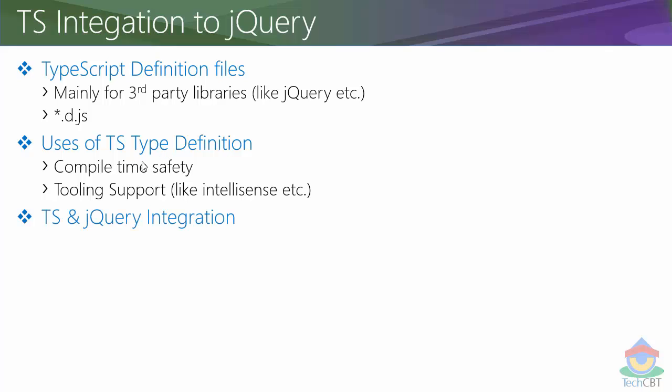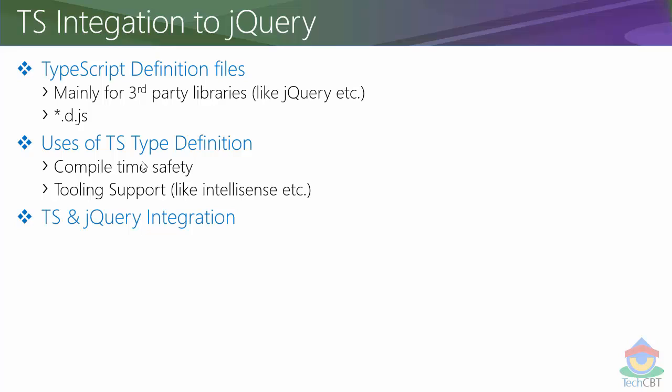So how do we integrate TypeScript and jQuery? As you know, jQuery is a third-party library and TypeScript doesn't even know what jQuery is. Those are two totally independent libraries which would not know about each other. Even though we are focusing here on jQuery, it doesn't mean just jQuery. Any third-party library, including Bootstrap or Angular or Lodash, whichever you would like to integrate with TypeScript, chances are that you will be working with either the TypeScript definition file route or with no definition file at all.